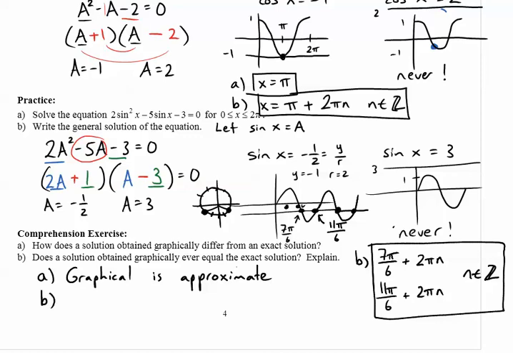Does a solution obtained graphically ever equal the exact solution? Yes, if the solution is a whole number or an integer or some simple fractions like 2.5. But if the answer is pi, then it could never really show all the decimals in the solution.